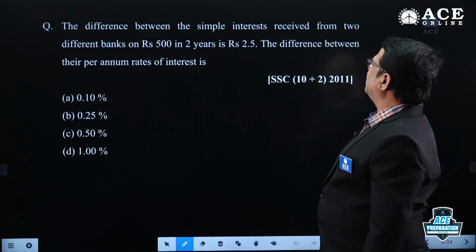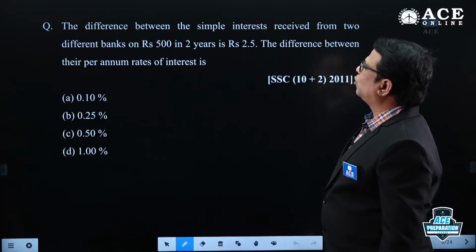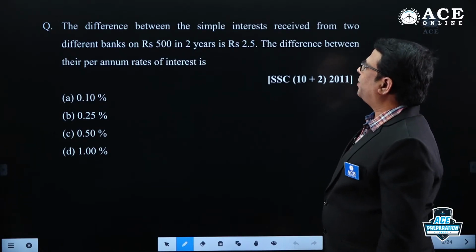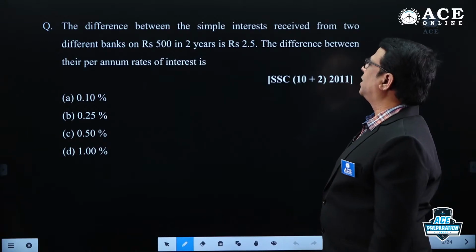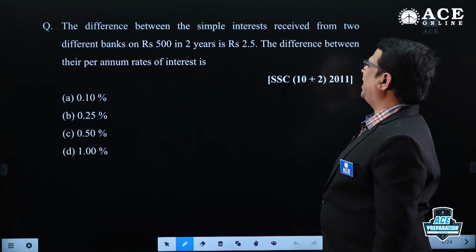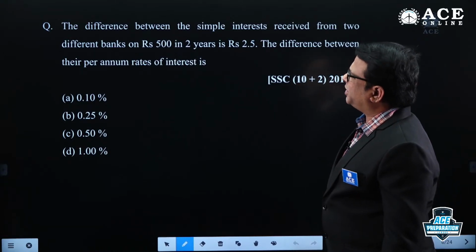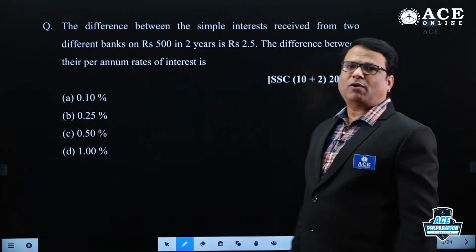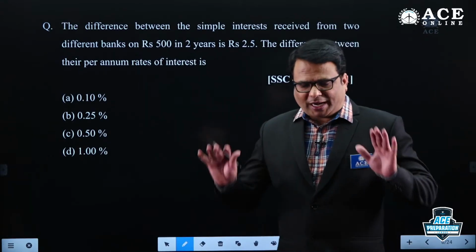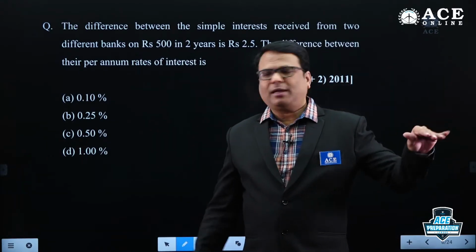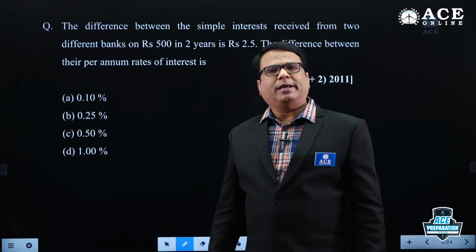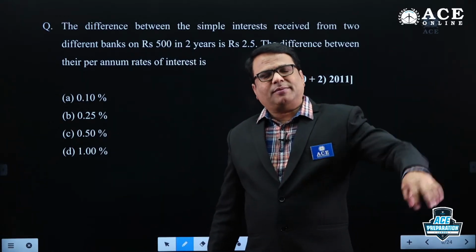The difference between simple interest received from two different banks on rupees 500 in 2 years is rupees 2.5. Then the difference between their per annum rate of interest is? Okay, now first let me explain the question. There are two banks, Bank A and Bank B. In Bank A, 500 rupees is there.